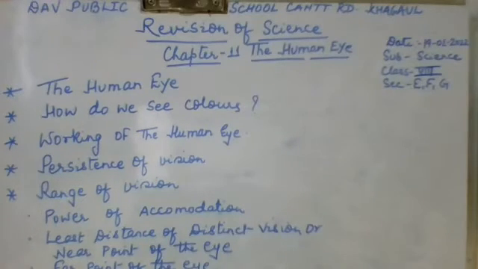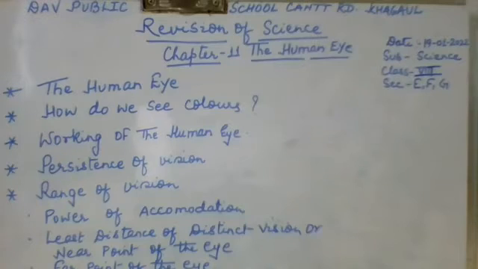Yes, ma'am. Whenever we see an object, the object reflects the light which enters our eye, and the eye lens focuses the light rays on the retina. The image of the object gets formed on the retina, which is highly diminished, real and inverted. On our retina, optic nerves are present, which transmit the image to the brain in the form of electrical signals, and then the brain makes us see the object.